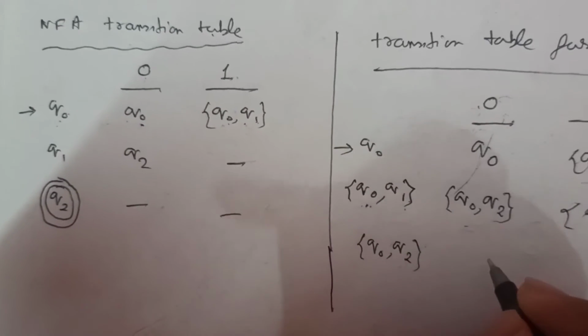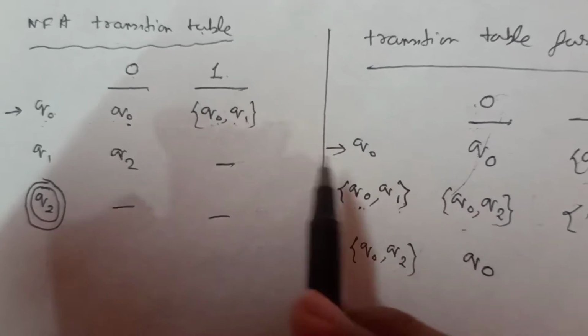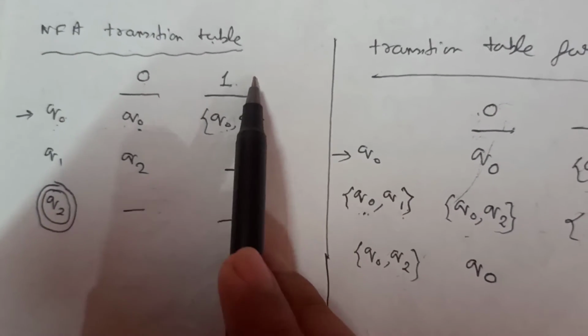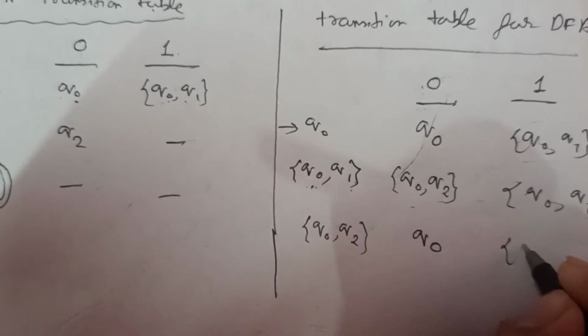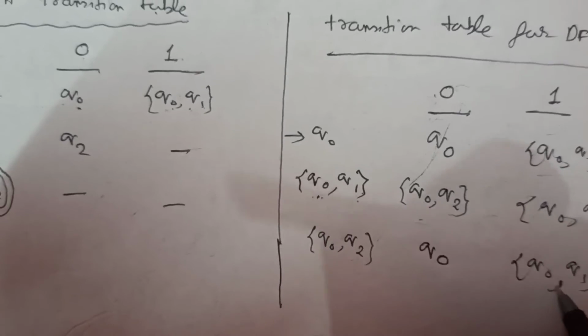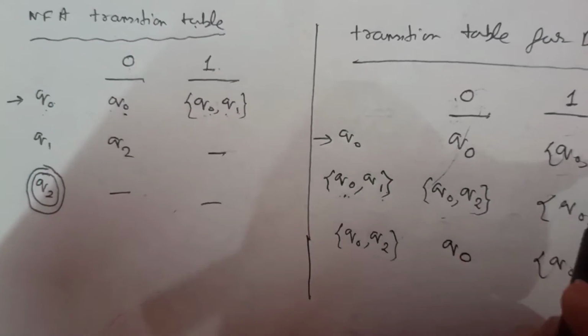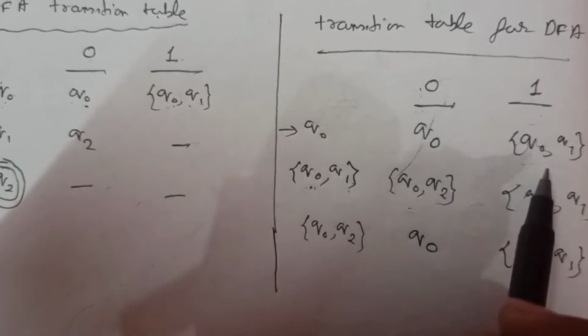So it will only be Q0, as there is only one state it can go, and again Q0 for input 1 goes to Q0 Q1, but Q2 goes nowhere. So it will again be Q0 Q1. So we just copied the first row and then described the newly formed states.